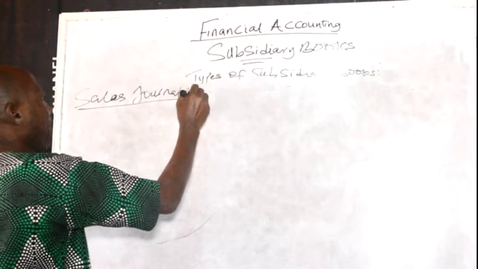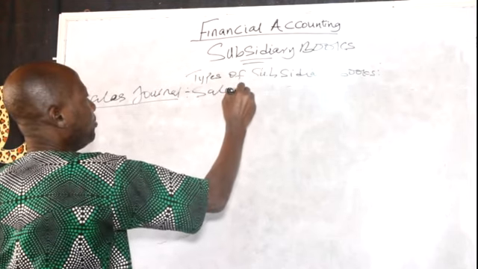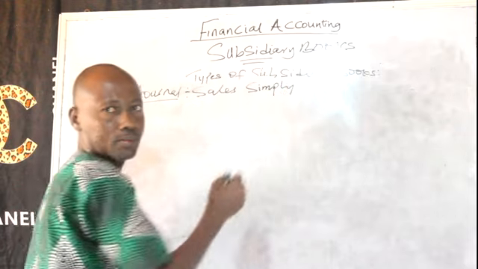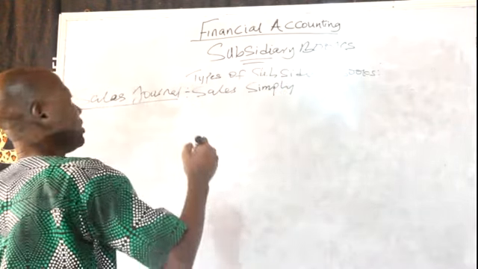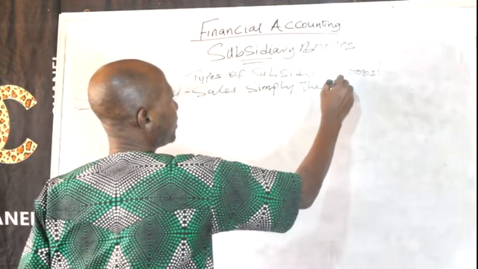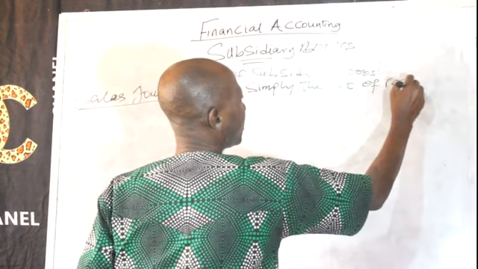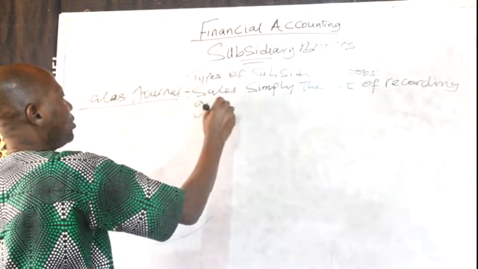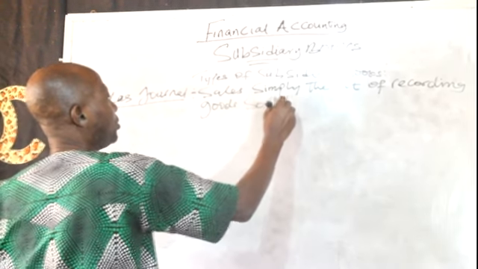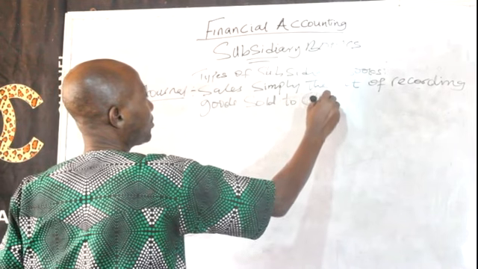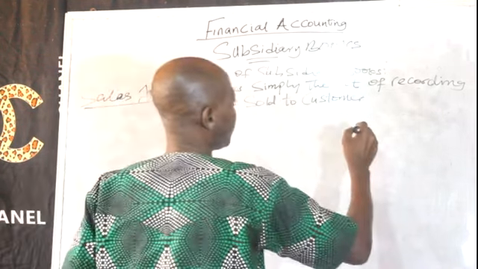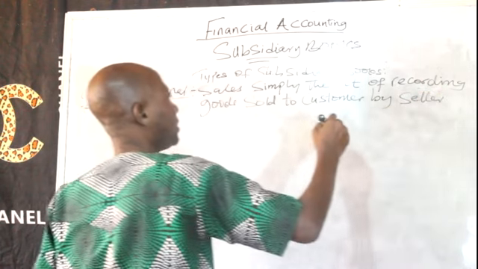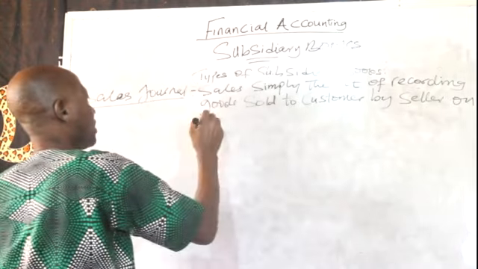Sales journal simply means the act of recording goods sold to customer by seller on credit.